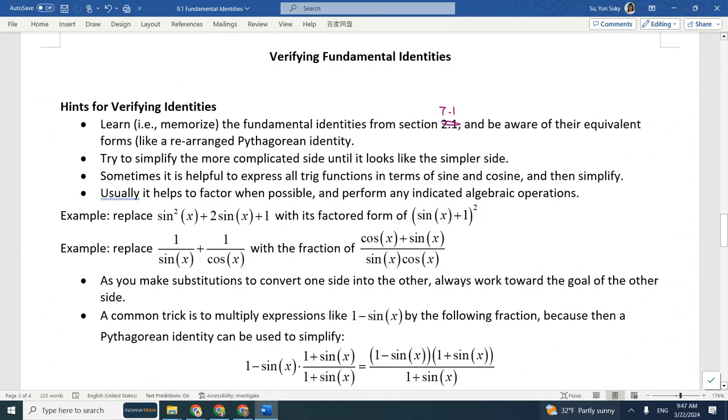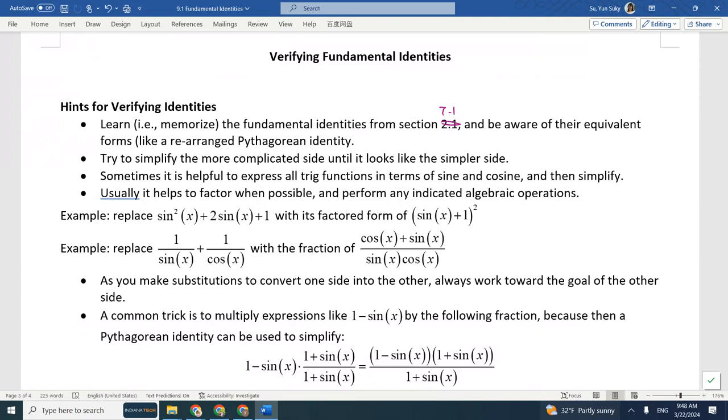And sometimes it's helpful to express all trig functions in terms of sine and cosine. That's why we practice that. And we're familiar with sine and cosine. Sine squared plus cosine squared equals 1. And then simplify. Usually it helps to factor when possible and perform any indicated algebraic operation.